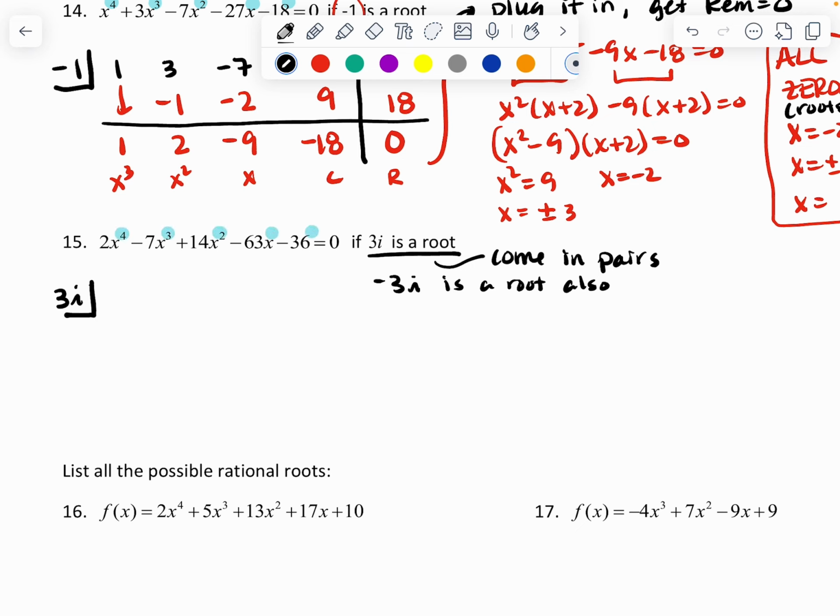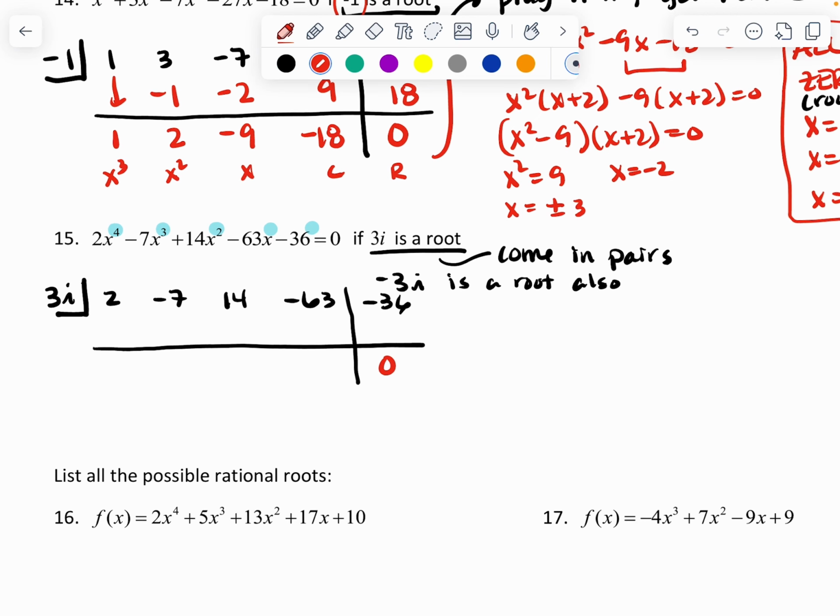Okay, coefficients are 2, -7, 14, -63, and -36. Okay, remember I just said the remainder should be 0, right? So let's go ahead and do this. So bring this down, 2 times 3i is 6i. -7 plus 6i is -7 plus 6i.